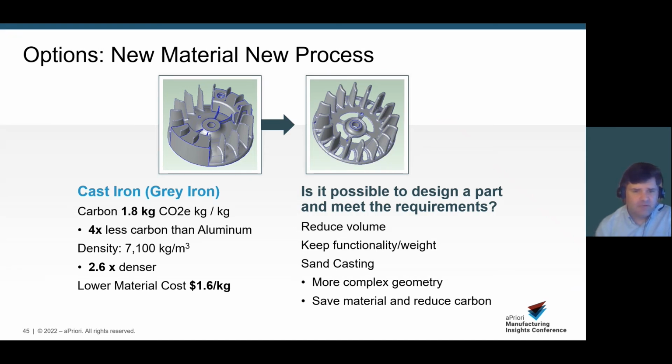So, can I reduce the volume, keep the weight functionality the same, use more complex geometry to save material and reduce carbon? You know, what I want to do is look at sand casting and really look at a more complex geometry to solve this problem.